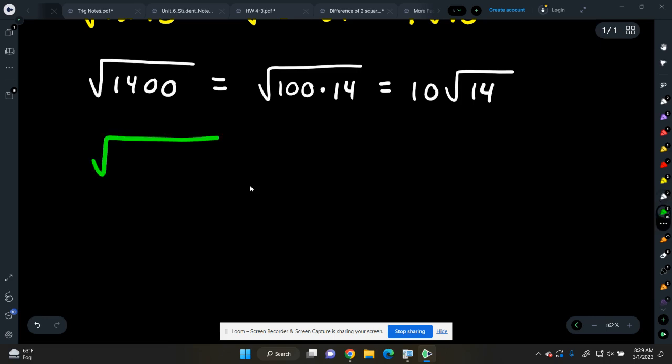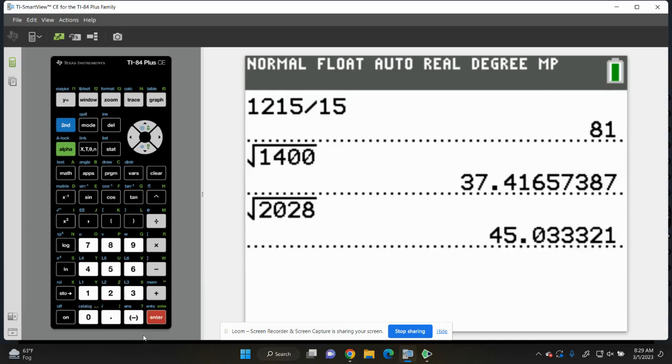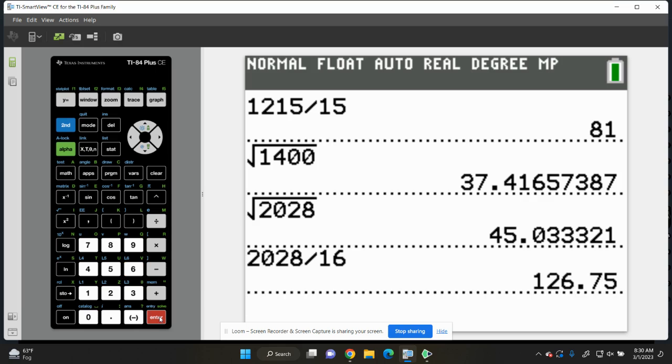Square root of 2,028. Check and see if it is a perfect square. It is not. So what do you want to try? Let's try 16 again. 2,028 divided by 16 doesn't go evenly.